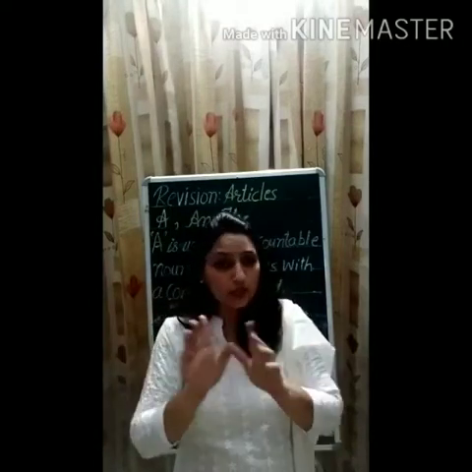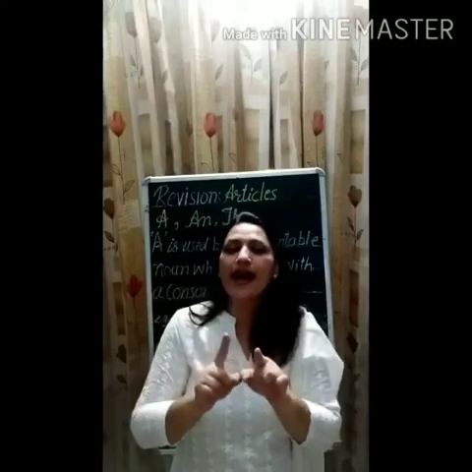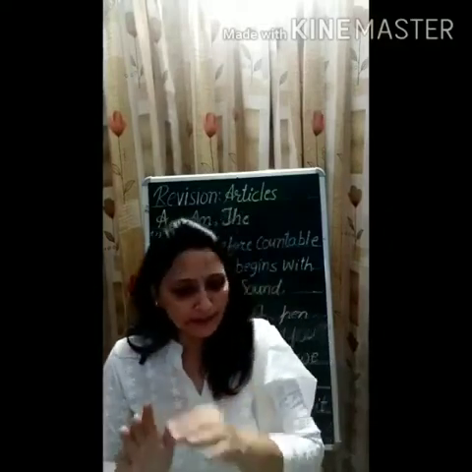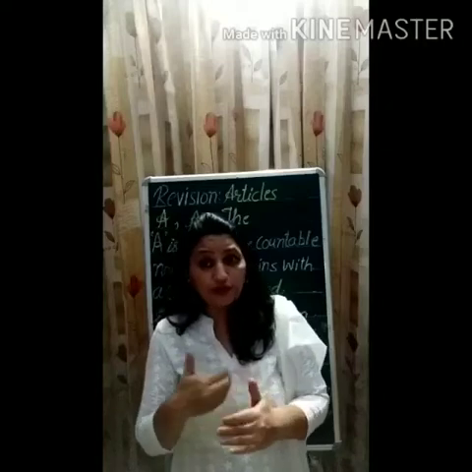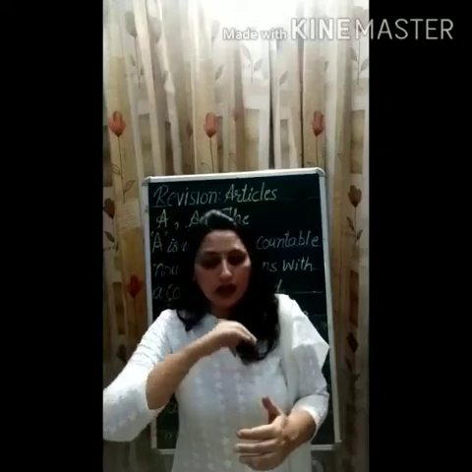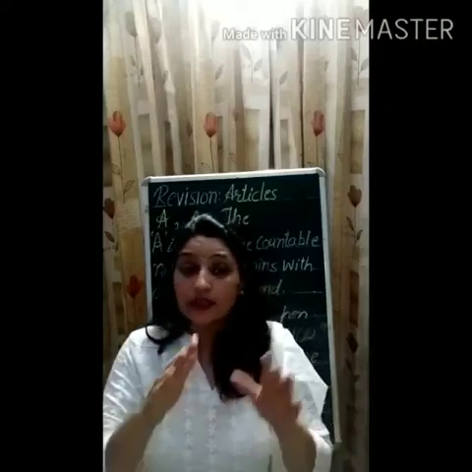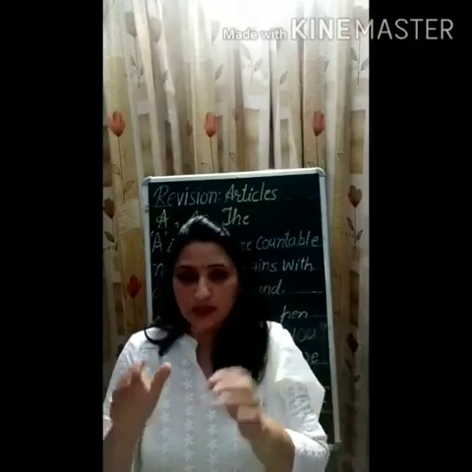Tallest is a superlative, and before this we use article the. One more thing, we use article the before ordinal numbers like the third. I think it is clear to you.